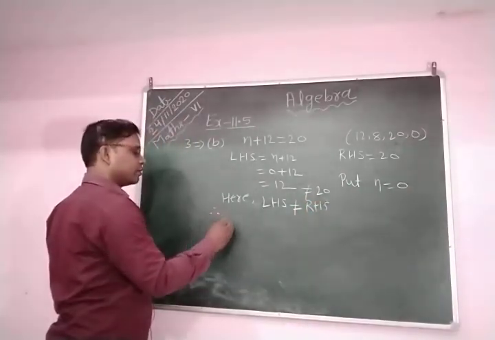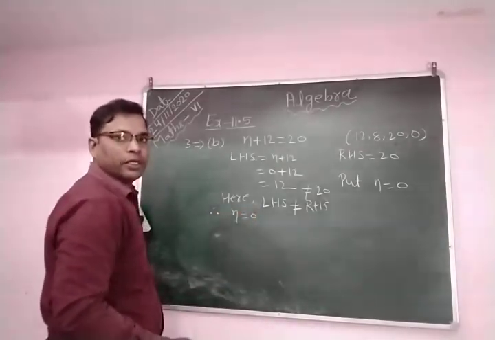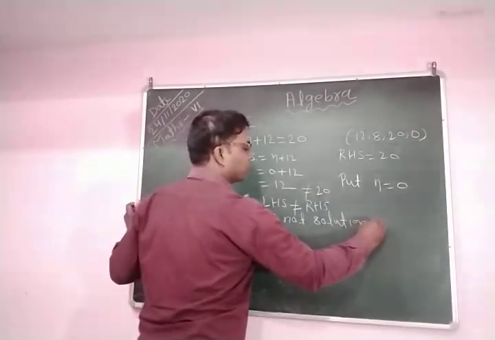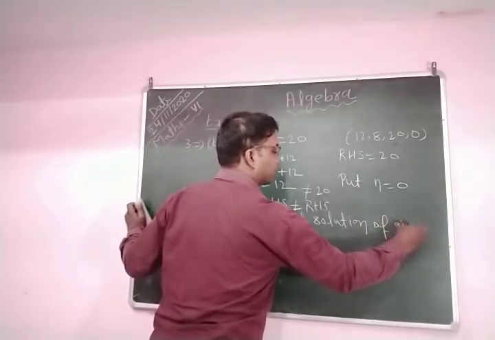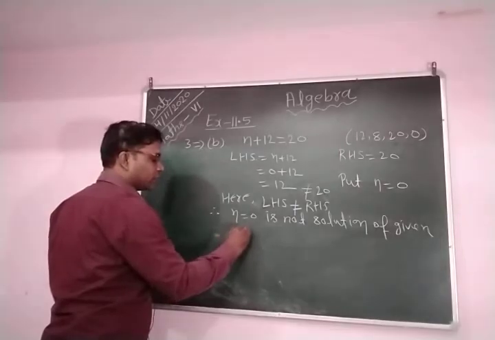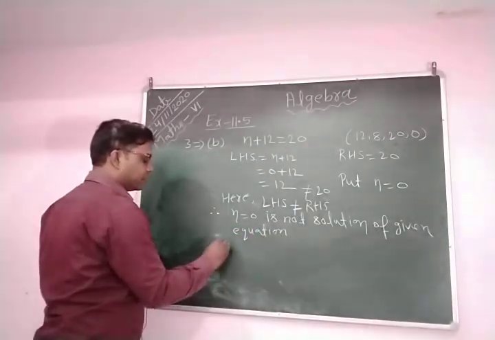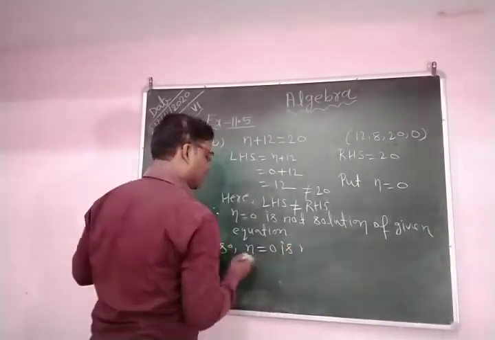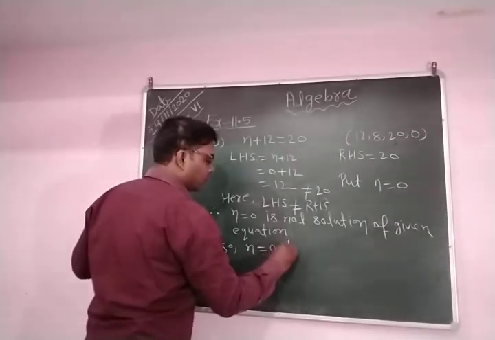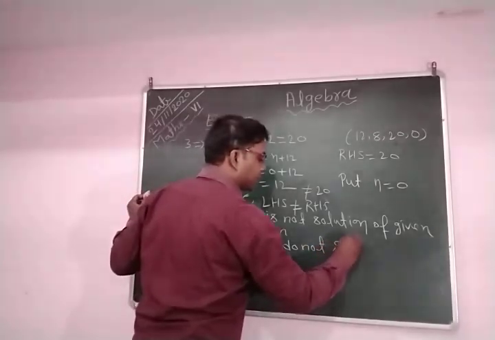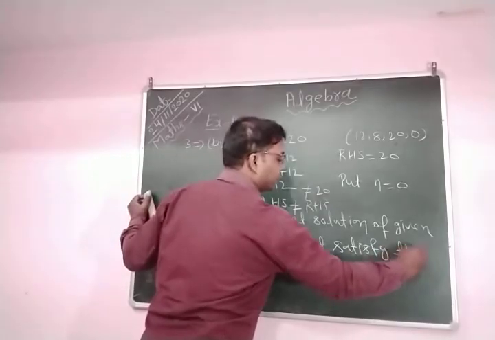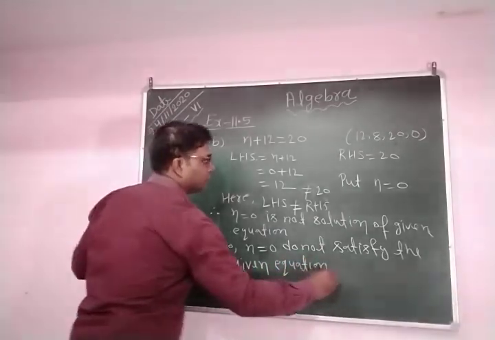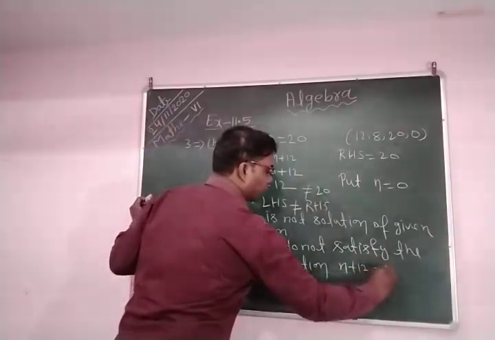Therefore, n is equal to 0 is not a solution of the given equation n plus 12 is equal to 20.